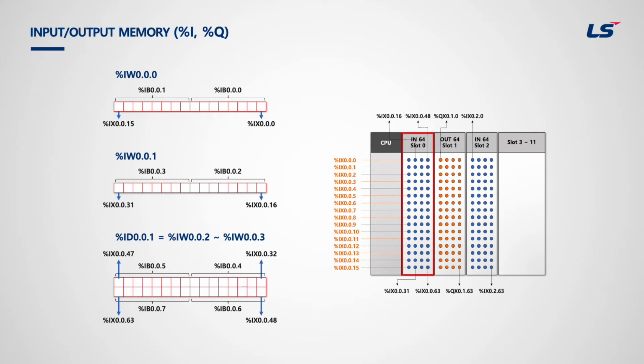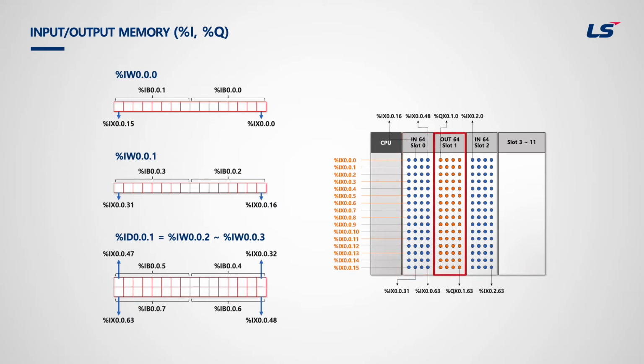An input module right next to the CPU is the first slot in main base. Therefore, its module number is 0. As it's written, it is an input module with 64 contacts, which is 4 words. The last bit of the module is IX0.0.63.